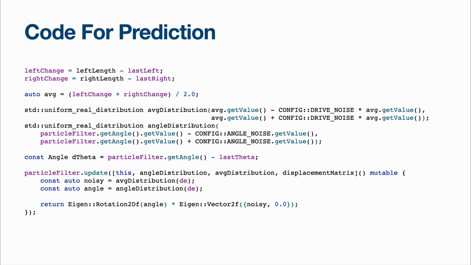This is how I interact with the particle filter, and you can see here that it takes into account the left change and the right change of the drivetrain by taking the current left length and subtracting the previous left length. This is doing a secant line approximation for those of you that are familiar with calculus.